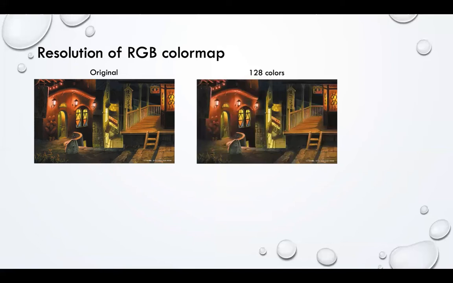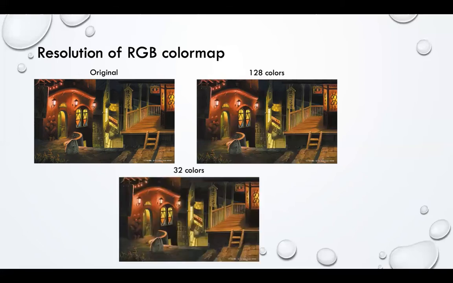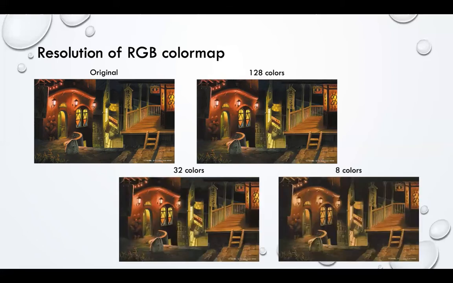If I only have 128 colors, you don't see a big difference. However, if you use fewer colors, like 32 and 8 colors, you can see, especially in the yellow circle, the blue has been replaced, because in this figure you only have 8 colors.